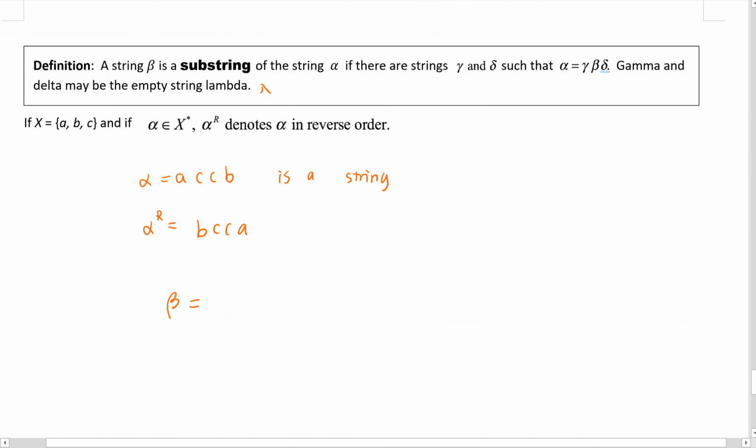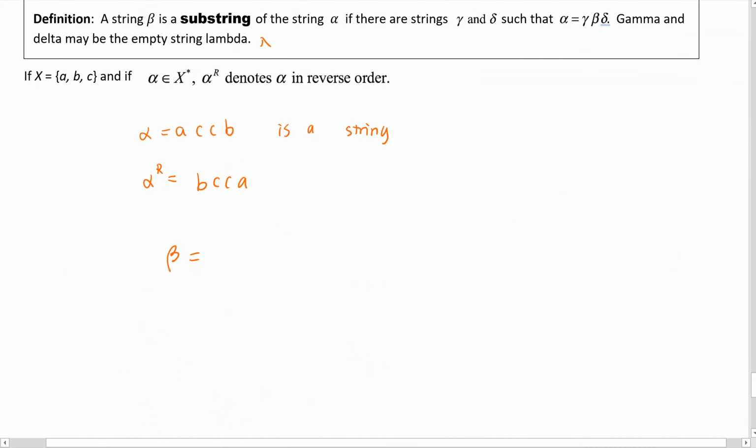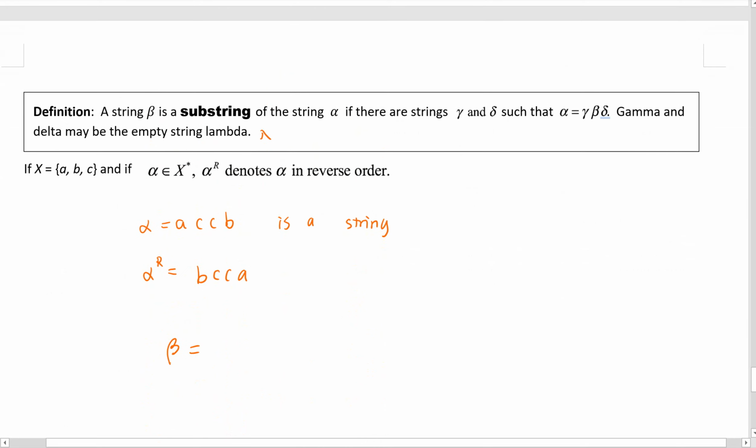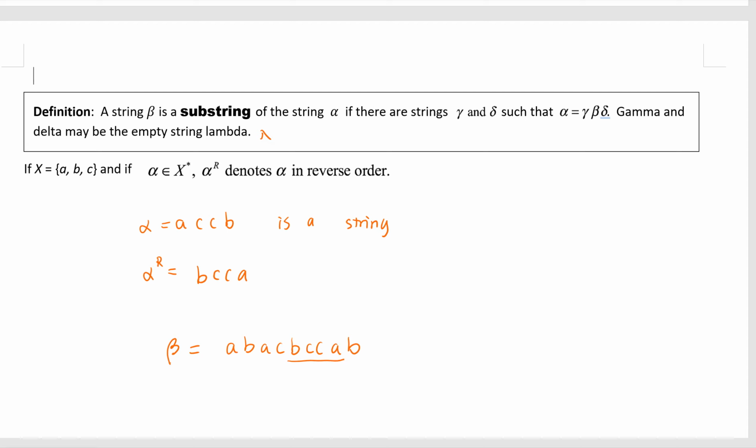Okay, so let beta be ABACBCCAB. And then you can see alpha is a substring of beta, because you see this is the alpha. So in this case, alpha is a substring of beta.